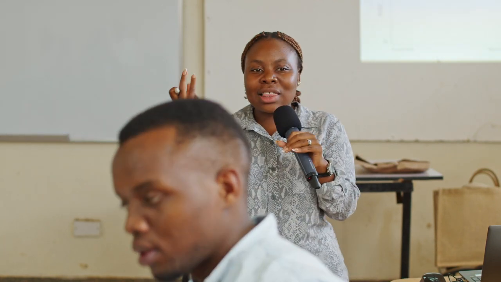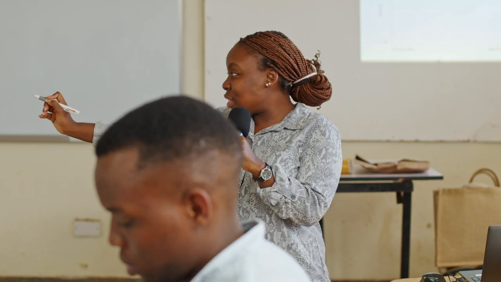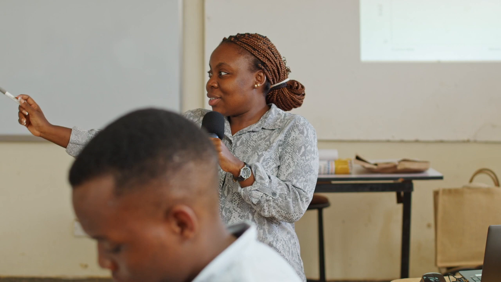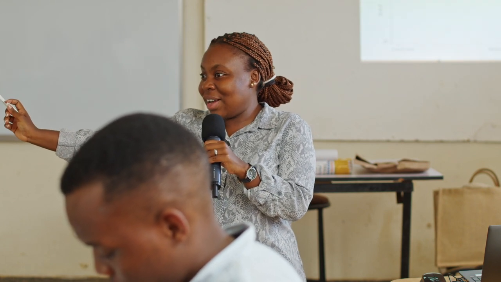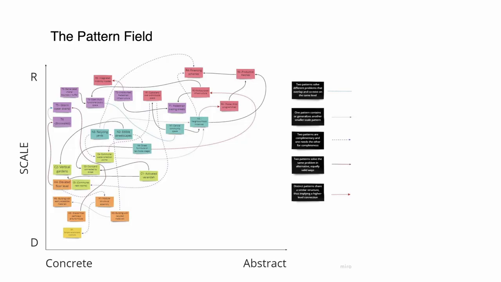And abstract are the things you can't really touch. You can't point at it and say, this is social sustainability. But you can say this is a street, or this is a library, or this is a car park. So you try to place them along this axis. You may find that your entire matrix is concentrated in very abstract and very large scale patterns.